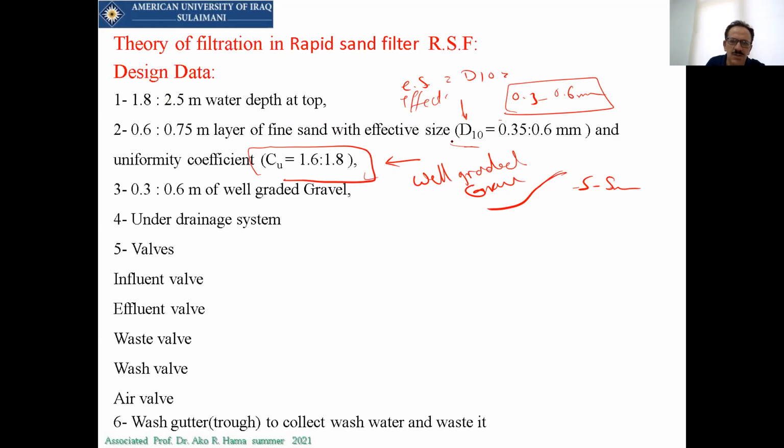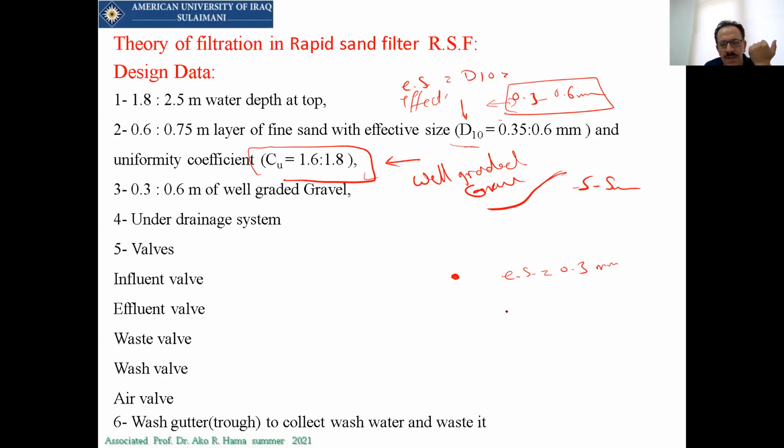It's the size at which 10% of the sand will be passing through. These are the two most important ones. Why do we have to know that? Because when I say the effective size, it will be 0.3 millimeter.